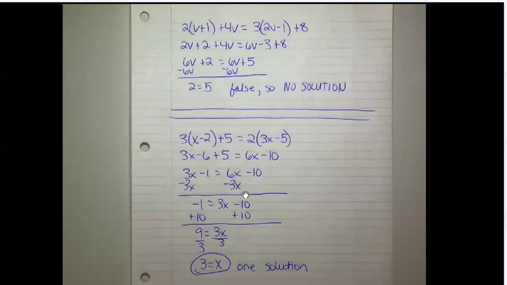Subtract 3x from both sides, I get negative 1 equals 3x minus 10, add 10 to both sides, get 9 equals 3x, divide both sides by 3, and 3 equals x. And so there's only one solution for this problem, and so I'm going to mark one solution and fill in 3 where it says x equals.